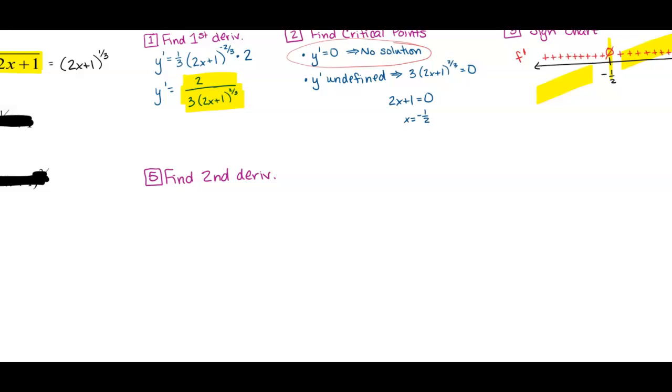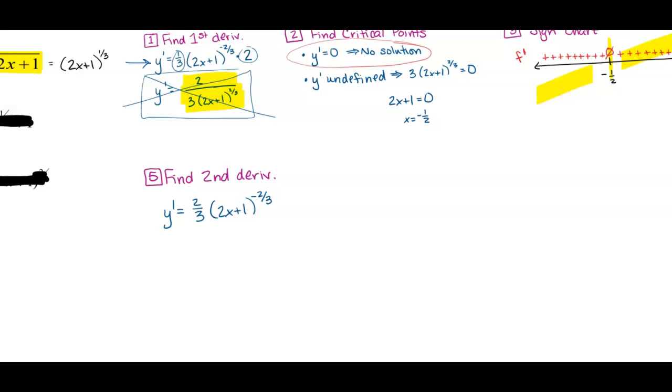So I'm going to ignore this step for now and look at this step in here. I'm going to say y prime. All I'm going to do is combine this 1/3 with this 2. y prime equals 2/3 and then parentheses 2x plus 1 to the negative 2/3 power.